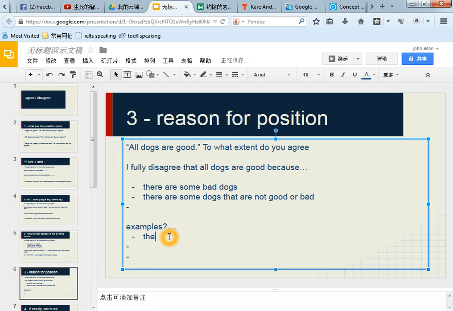Some examples, the dog that bit me when I was young. Okay, so that is the next part, the next thing you do. After you have your very short position, your direct answer to the specific question, then you think about your reasons and you think about examples for that.